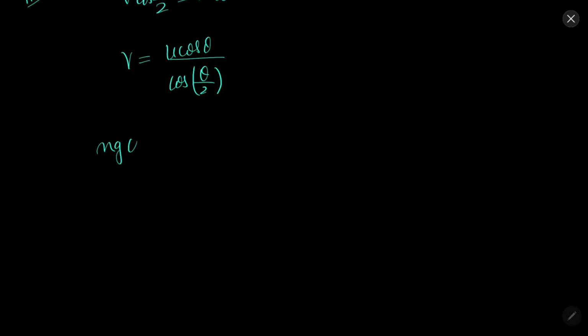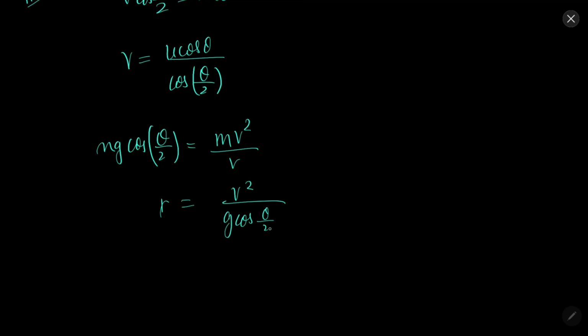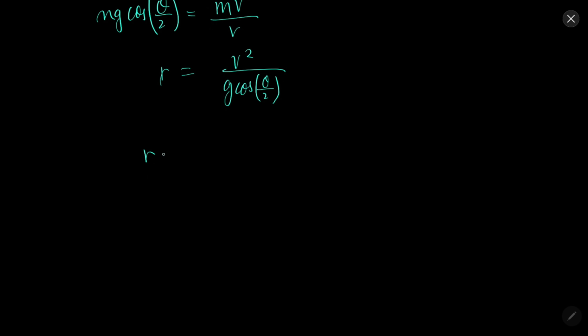So mg cos theta by 2 equal to m v square over r, so r will be v square over g cos theta by 2. Now putting the value, u square cos square theta over g cos cube theta by 2.